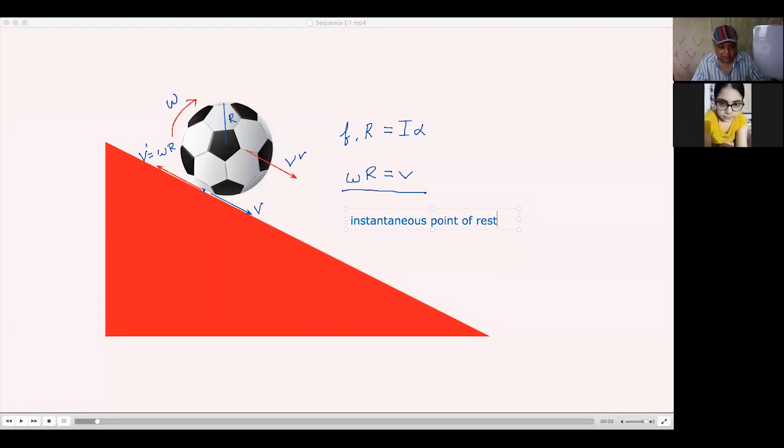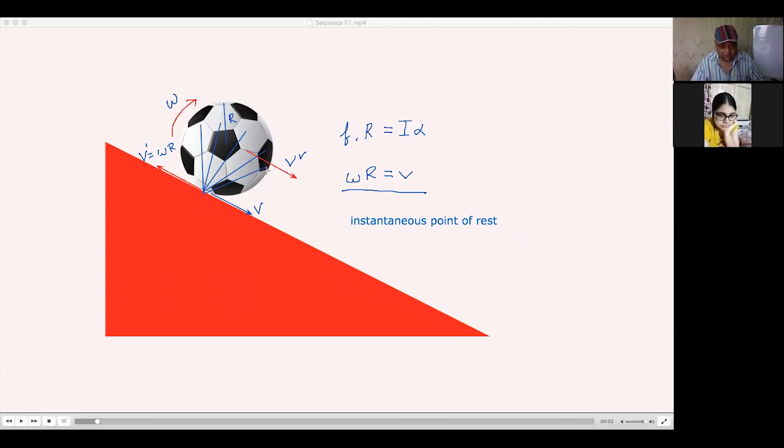So what is happening? At every instant, one point of rest is being replaced by the other. So we have a point of rest, and this is actually generating an instantaneous axis of rotation about which, if this were a stuffed football with sand, all the particles would move along this instantaneous axis of rotation.